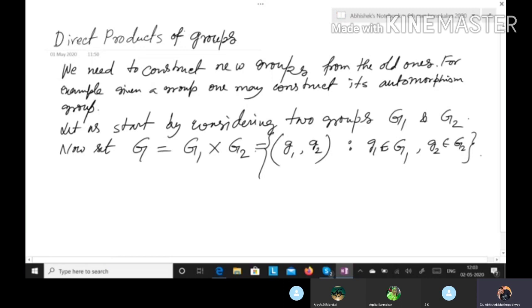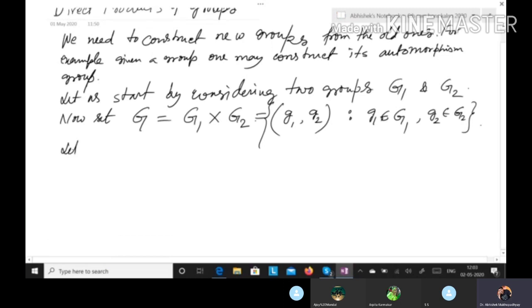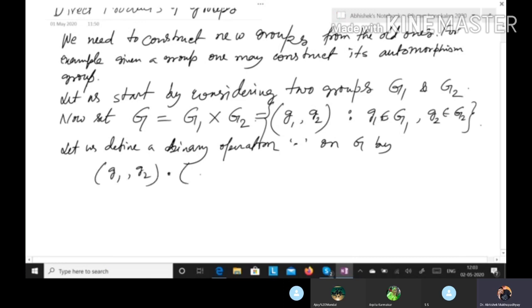So let us define a binary operation dot on G by: pick two elements from G, (g1, g2) and (g1', g2').